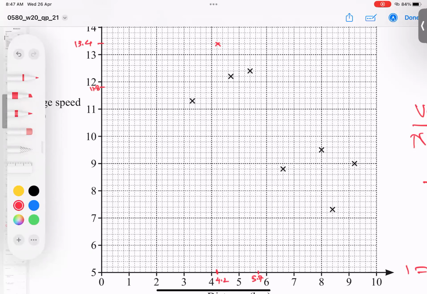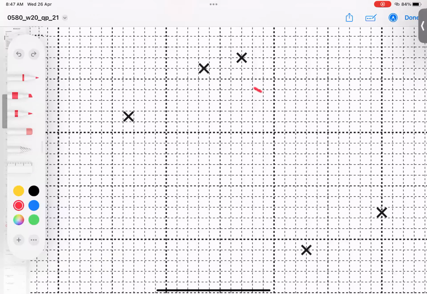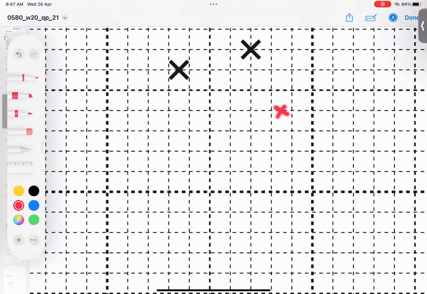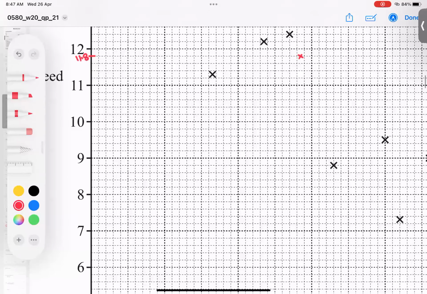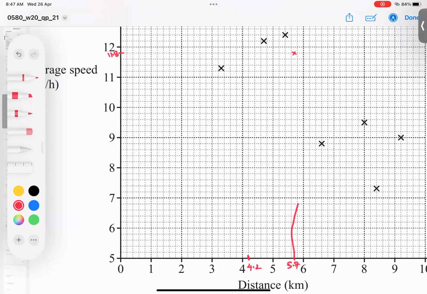Let me check. Yes, I will mark here. See this mark. This point is very clear. I did not make it exactly half a box here. Now I believe you can see easily: from here I go up, and from here I come here. I made it very accurate.